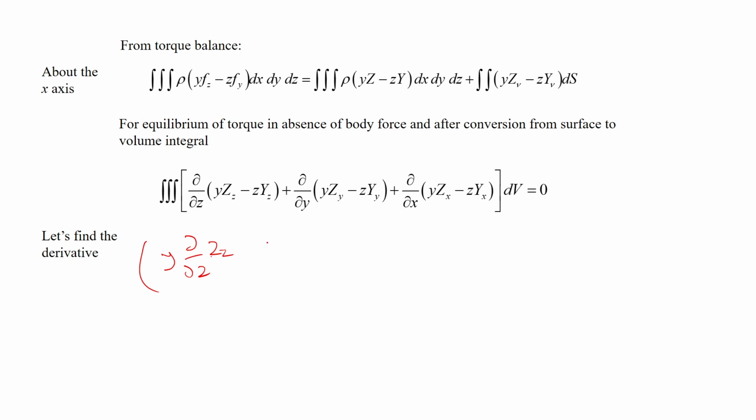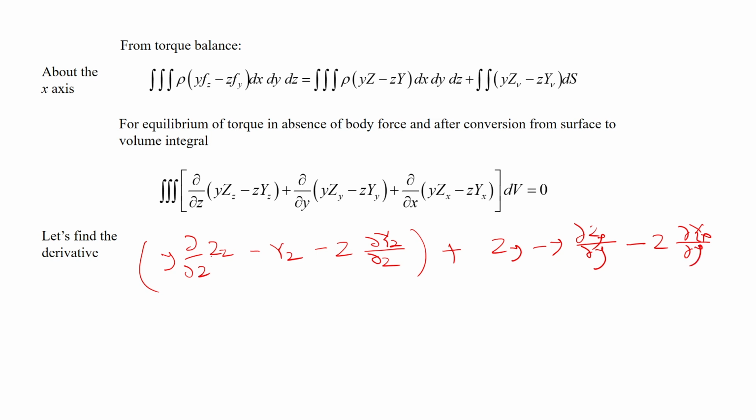So, here it is minus z and minus σyz, and minus z times ∂σyz/∂z. So, that is from this term, and then plus it will be z of σyy minus y into ∂σzy/∂y minus z, it will be ∂σyy/∂y, and then plus the next term.